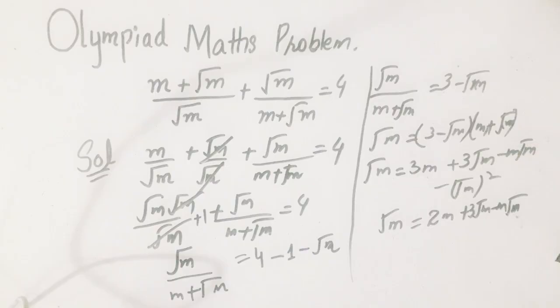Then we will solve this further as this is the 3 root of m and this will equal 4 minus 1 minus 3 root m.